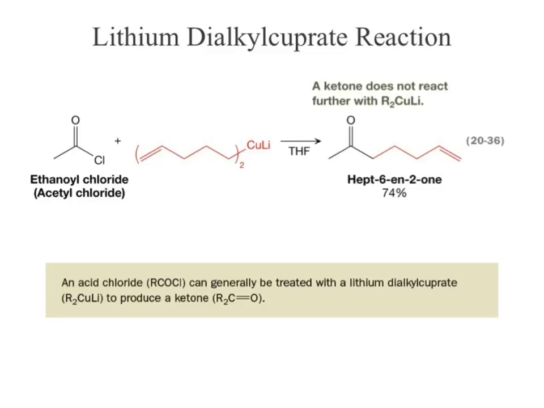They are known for their beta attack on alpha-beta unsaturated carbonyls. We don't have a beta position. Their nucleophilicity is low enough that we can actually get them to halt at the ketone by being very careful with the amount of reagents that we add. Okay. Kind of a neat little function on those.